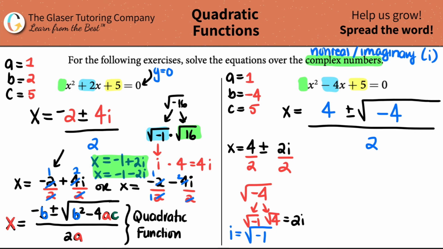So 4 divided by 2 is 2. So I have x equals 2 plus or minus 2i divided by 2. 2 divided by 2 is 1, right? So this would just be i. So now here are your two answers. x would equal 2 plus i, and then x would equal 2 minus i. And those are your two answers.